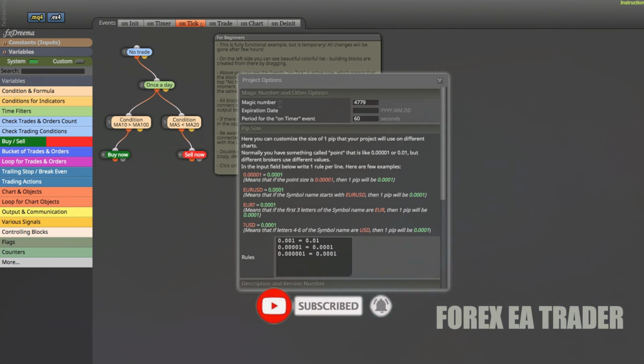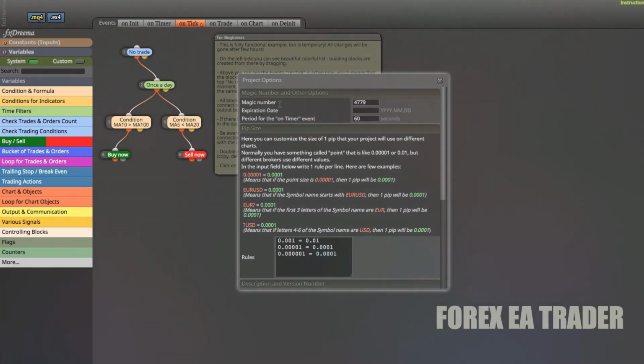So why do we need these magic numbers? These magic numbers help the robot or the expert advisor to distinguish its own trades from those that were made by another robot or that were made manually.